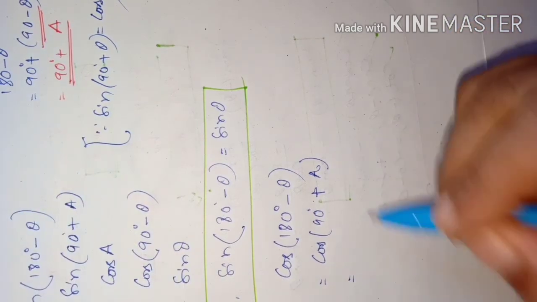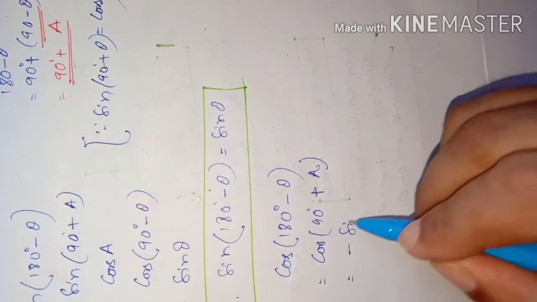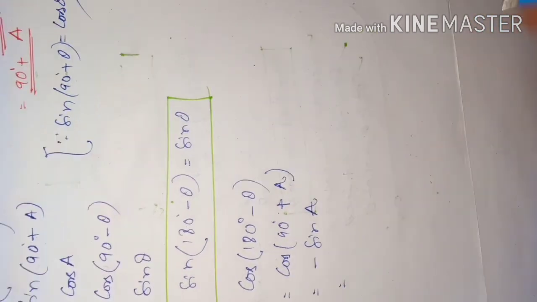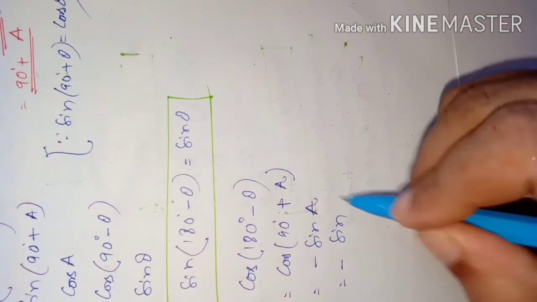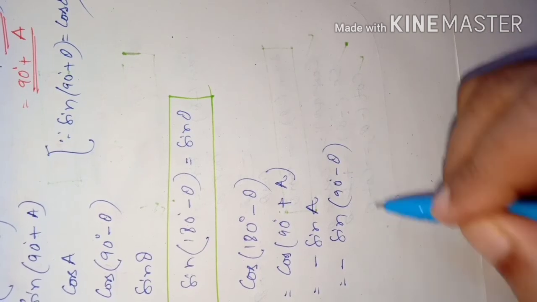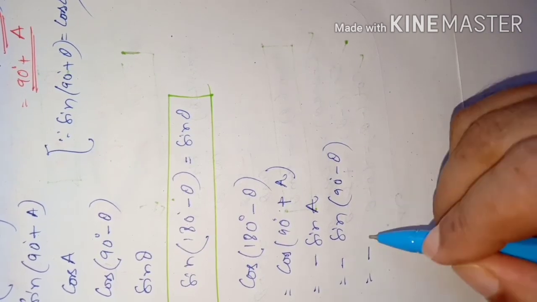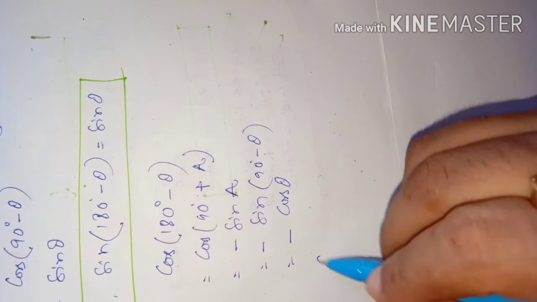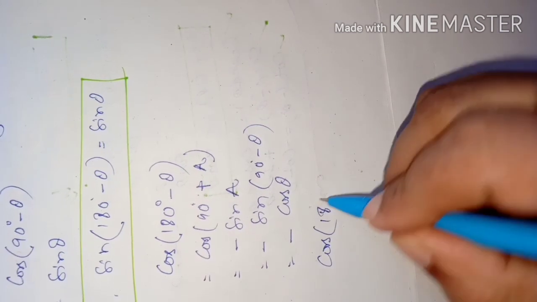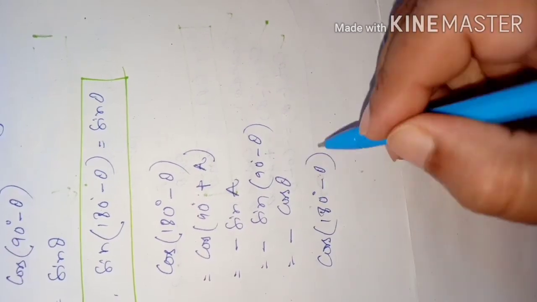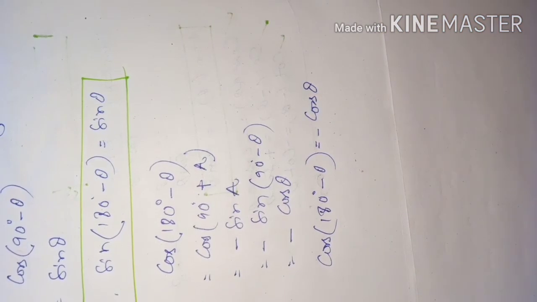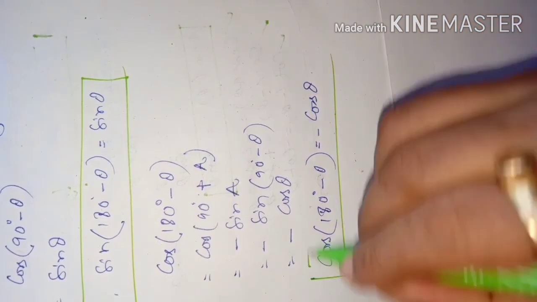Cos of 90 plus a is minus sine a, but a stands for 90 minus theta, so minus sine of 90 minus theta. Now sine of 90 minus theta is cos theta. Dear students, learn these conversions; it will be a great help later on. So cos of 180 minus theta is minus cos theta.